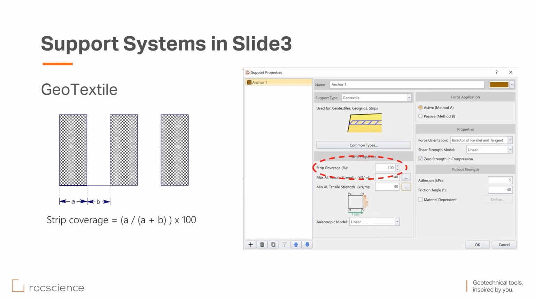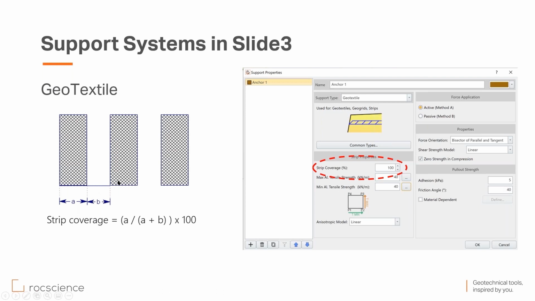Geotextile is another type of support that we have in the Slide3 software, which represents a group of geosynthetics such as geogrids, geofabrics, or geotextiles themselves. We have a parameter in geotextile support type called strip coverage. Normally, this type of reinforcement is placed in strips of a certain width in the soil profile, and the strip coverage refers to the spacing between these strips.